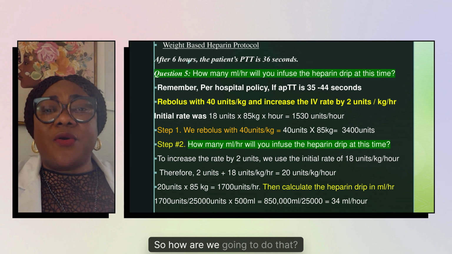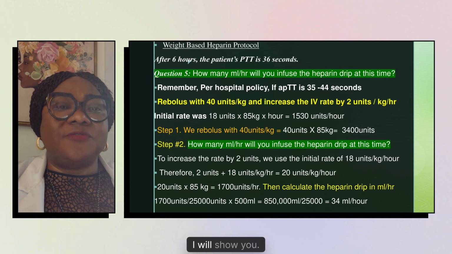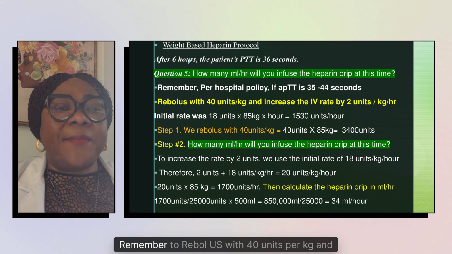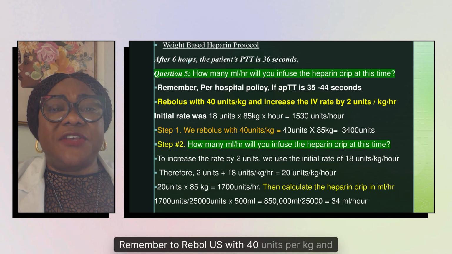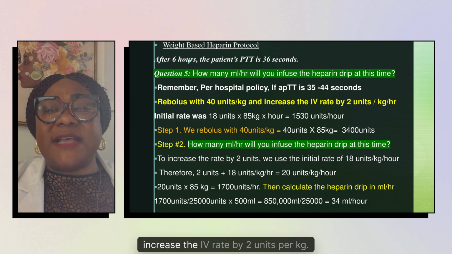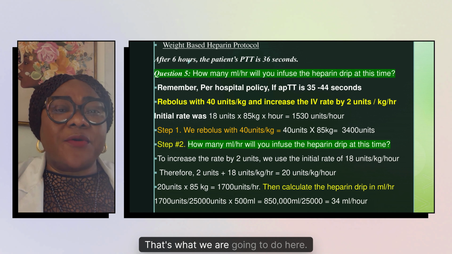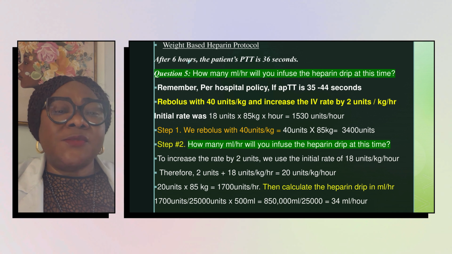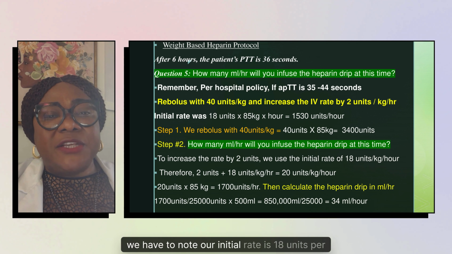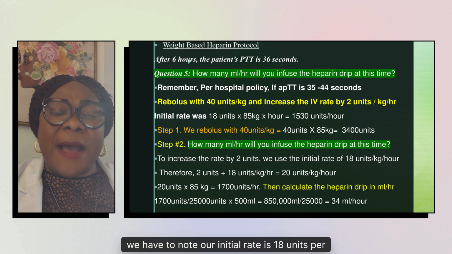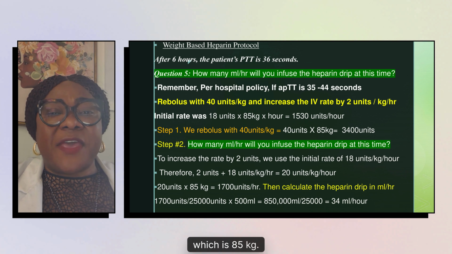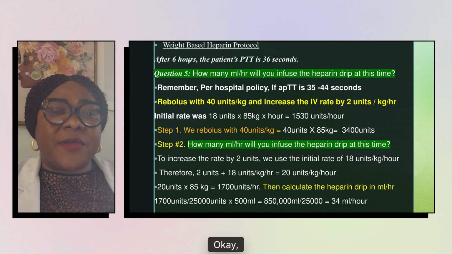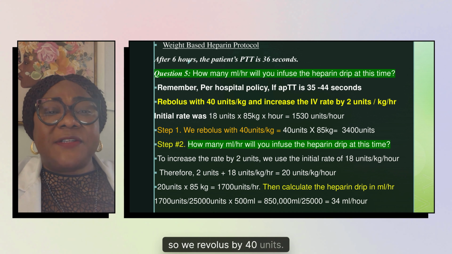So how are we going to do that? I will show you. Remember to rebolus with 40 units per kg and increase the IV rate by 2 units per kg. We have to note our initial rate is 18 units per kg, which is 85 kg. We know how we got this. So we rebolus by 40 units.